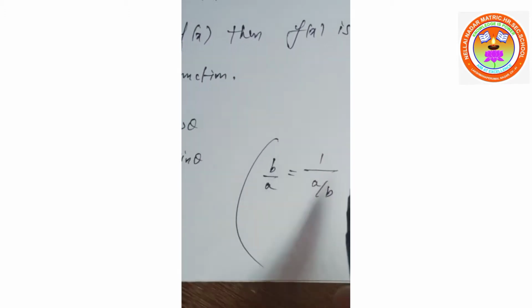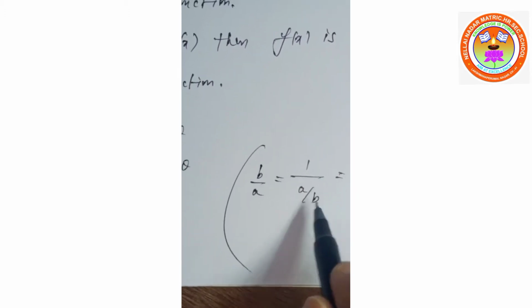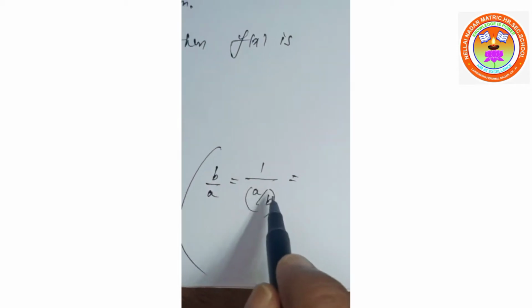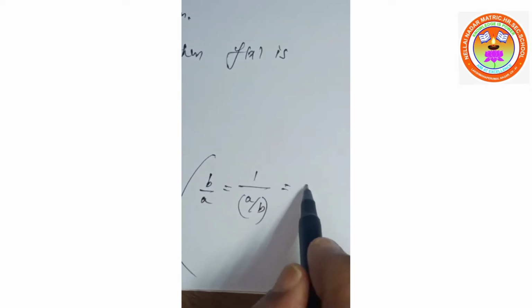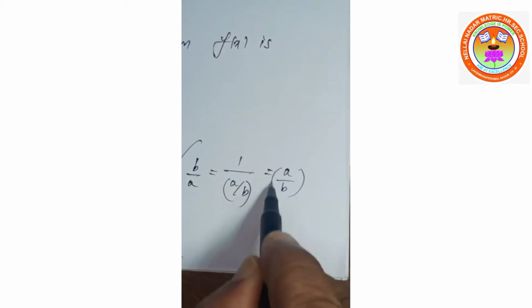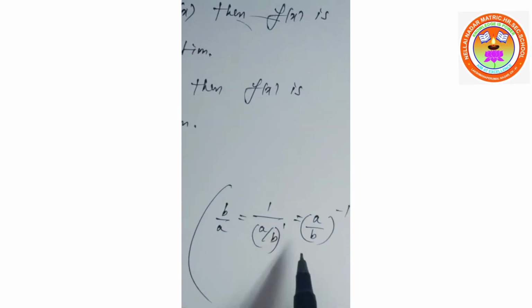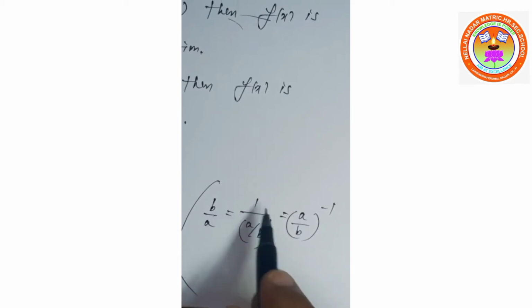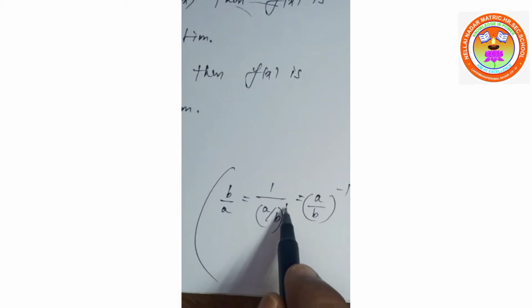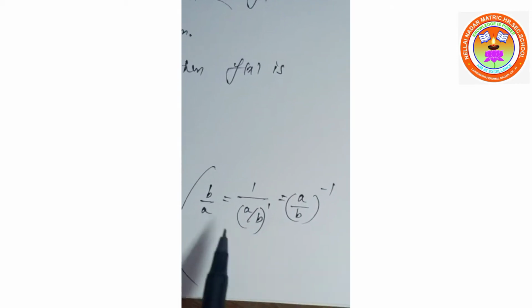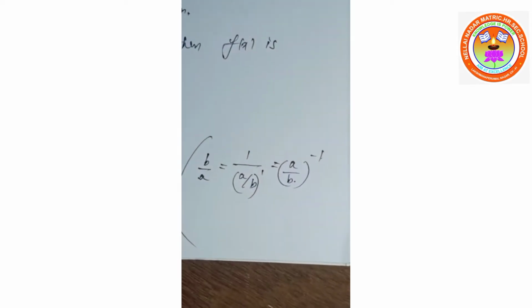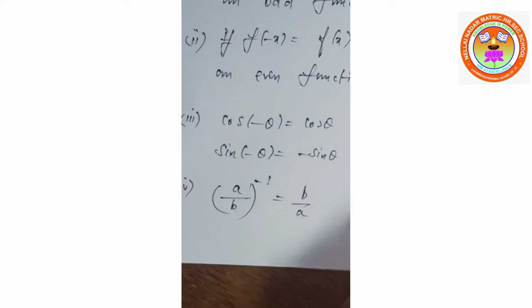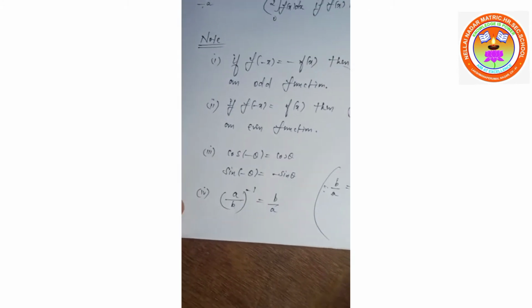Here a by b alone comes to the numerator. You have to write (a by b) power minus 1, because when the entire expression a by b comes to the numerator, you have to change the sign of the power: 1 becomes minus 1. So b by a and (a by b) power minus 1 are the same. I have given the reason also.